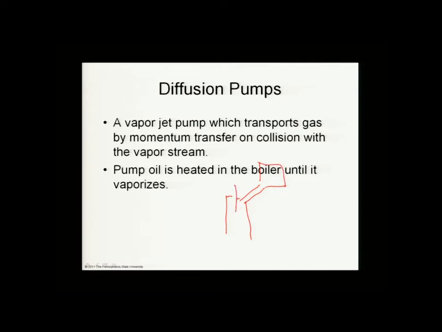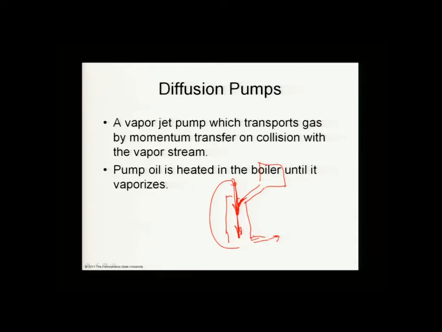And what you do is you create a jet of oil shooting down here, which actually entrains these molecules. They get entrained in this jet of oil, come down to here, and then you allow those entrained molecules to escape. In other words, you pump them, they leave, and then the oil is recycled back up through here.